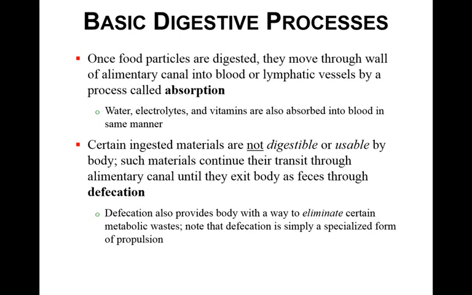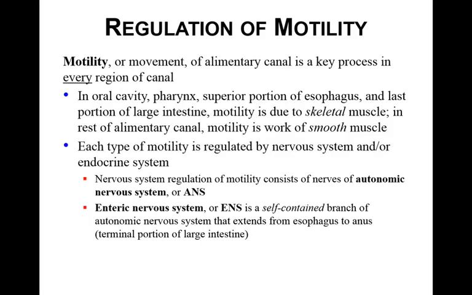And then certain ingested materials are not digestible or usable in the body, so they're going to exit as feces through defecation. Defecation also is a way to eliminate certain metabolic waste. It's basically a specialized form of propulsion.